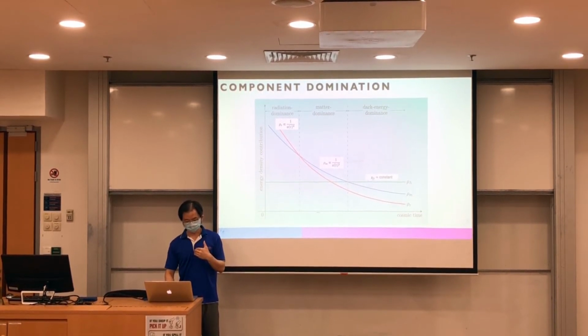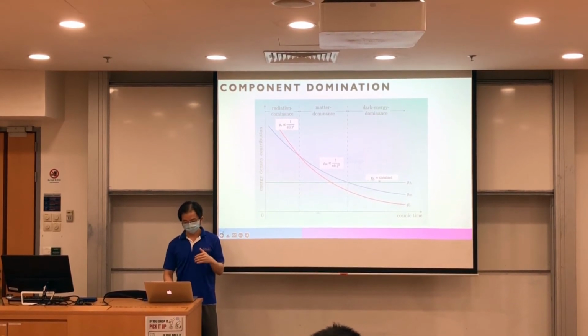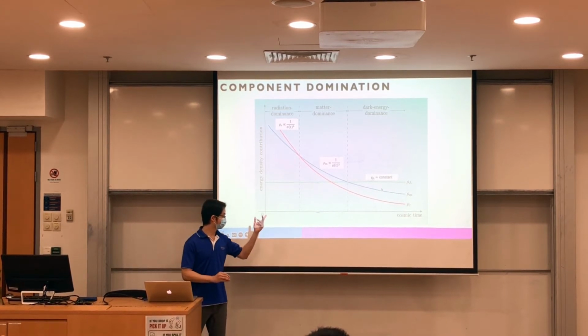And then it will be dominated by matter, but because matter decreases as a to the power of -3, it drops also. Eventually, after a long time, the vacuum density dominates because every other component decreased below the constant.